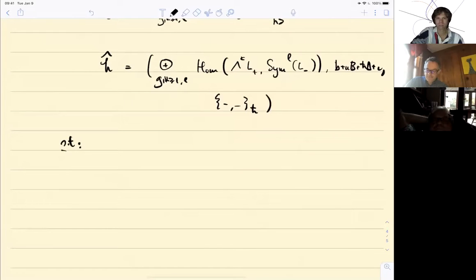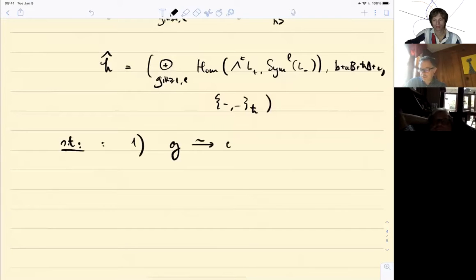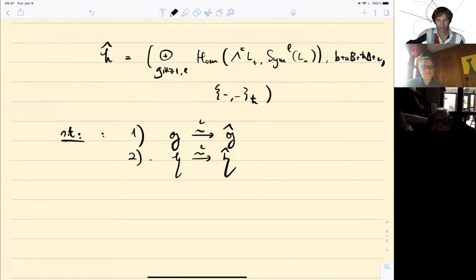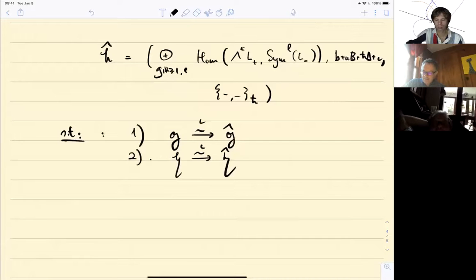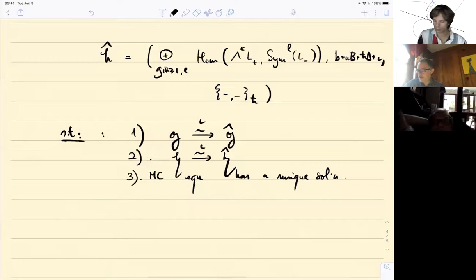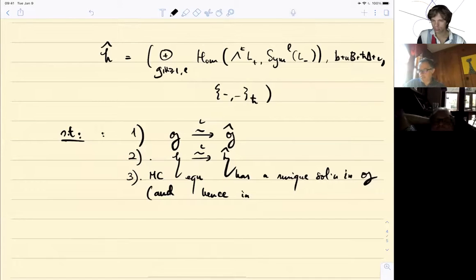such that three things are happening. One, G is quasi-isomorphic to G hat via a map still called iota. Two, H is quasi-isomorphic to H hat via another map called iota. I keep calling many things iota, but it's going to be obvious from context what I mean. Three, the Maurer-Cartan equation has a unique solution in G and hence in G hat, at least up to homotopy.